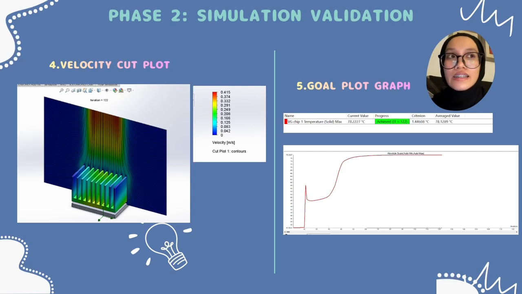Thus, this goal plot graph proves that the maximum chip temperature successfully stabilized at 78.22 degrees Celsius by iteration 12, providing a reliable and converged data point that confirms the heat sink operates safely below the 85 degrees Celsius safety limit temperature of the chip. The red curve illustrates the thermal transition from the 30 degrees Celsius ambient starting point to the final steady state equilibrium, where the 10 watts of heat generated is perfectly balanced by natural convection and conduction cooling.